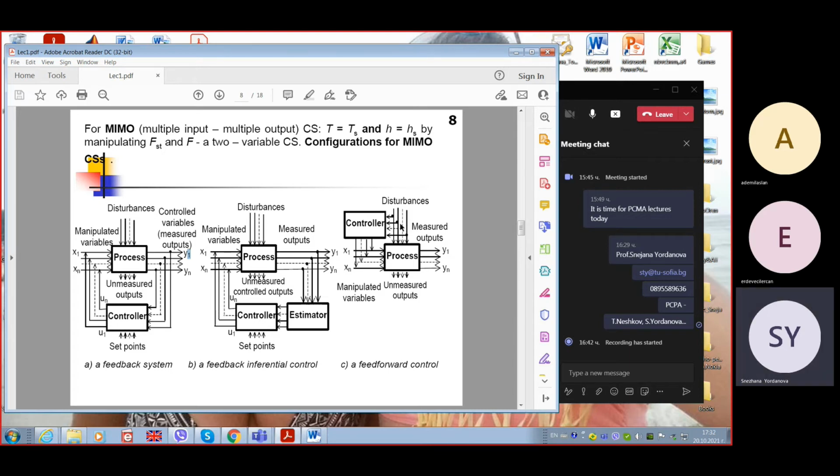We can also measure several disturbances and coordinate the manipulation variables so that these disturbances do not influence the outputs. They influence the plant, but this controller is fast operating and reduces the impact of disturbances on the plant output.